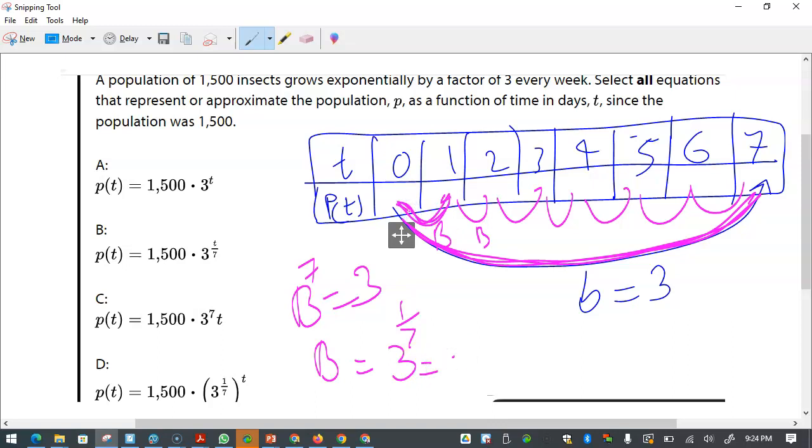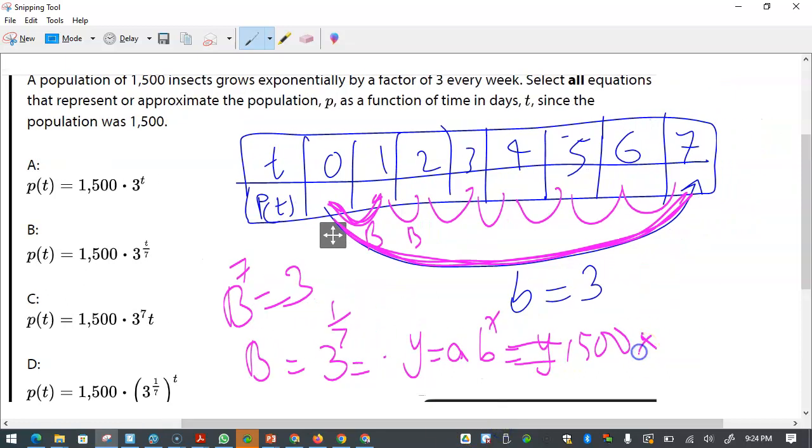The formula is y equals a times b raised to x, but now because it is every day, the first one is 1500 multiplied by, so this b was for a week, but we want every day. So we use this b, which is 3 raised to 1/7, and then the days, t.